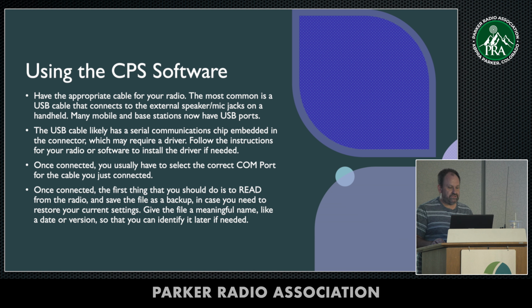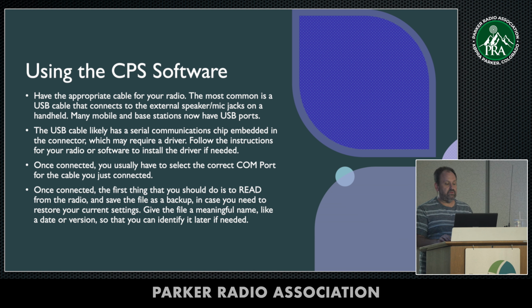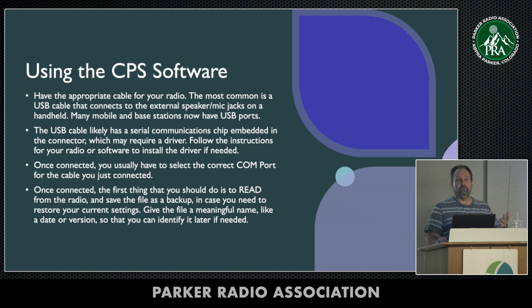We just mentioned once connected, the first thing you should do is to read from the radio, save that file as a backup, and give it a meaningful name. I like to put in the date and maybe the firmware version, and I tag it as original when I do this for the first time. Every time I make a change, I save it as a new file so that I can go back to the old one if I mess something up, because that happens from time to time.